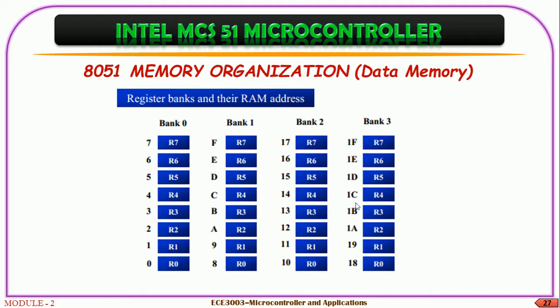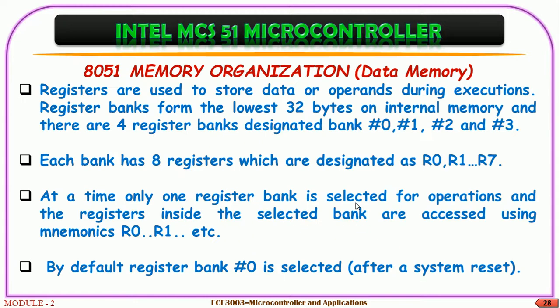The registers of each bank are accessed by sending the particular address to the bank. At a time, only one register bank is selected for the operation, and the registers inside the selected bank are accessed using mnemonics. By default, register bank 0 is selected.